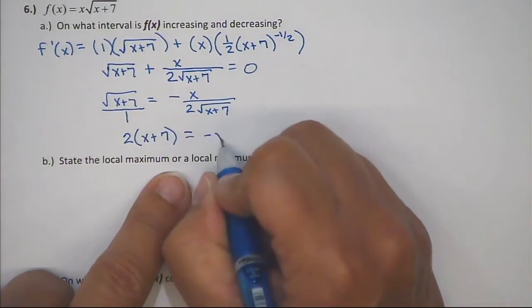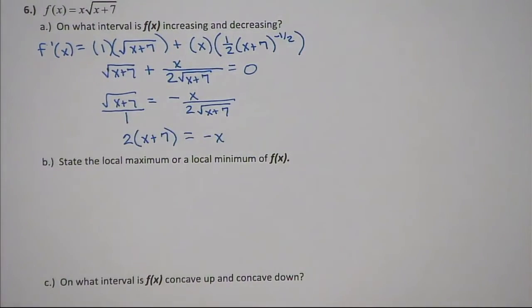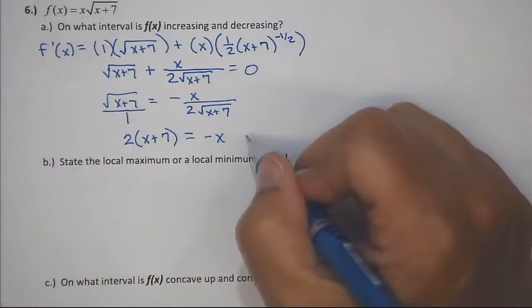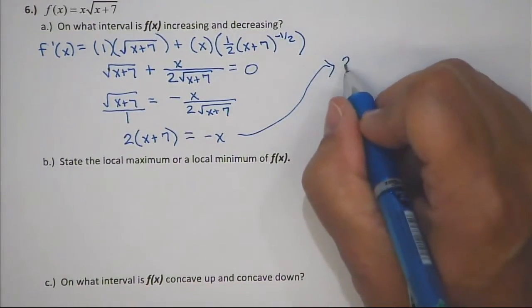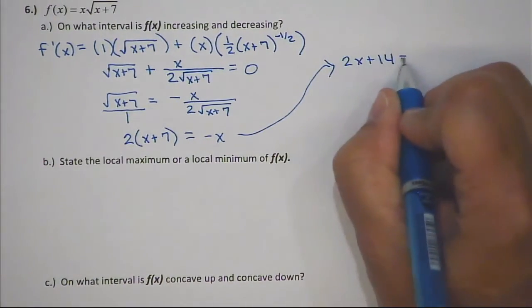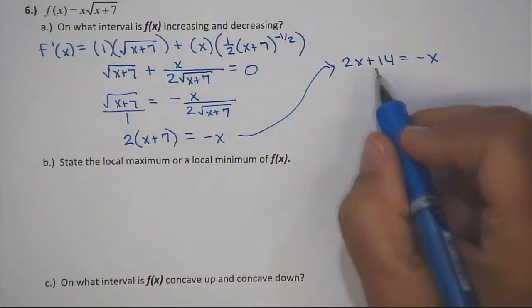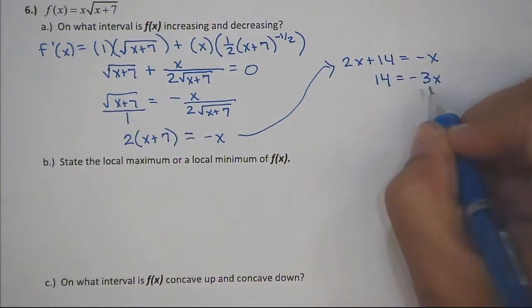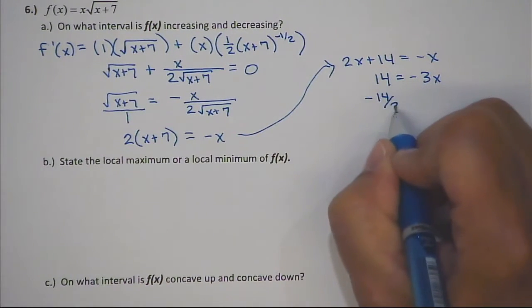So that's negative x. So now that's pretty easy to solve. So distribute and solve for x. All right, so we get 2x plus 14 equals negative x. Subtract the 2x over to the other side, that's negative 3x. So we get negative 14/3.